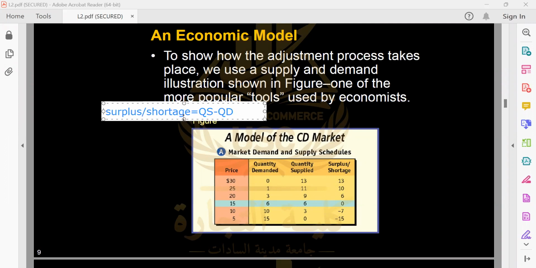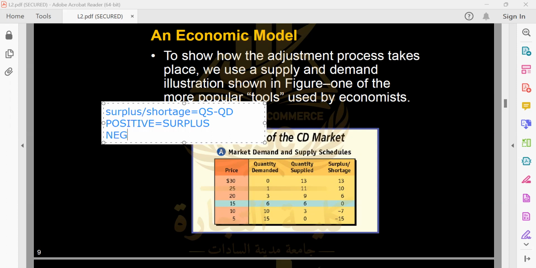If this formula shows us a positive, it's a surplus. If it's negative, it shows us not a surplus, it's called a shortage.